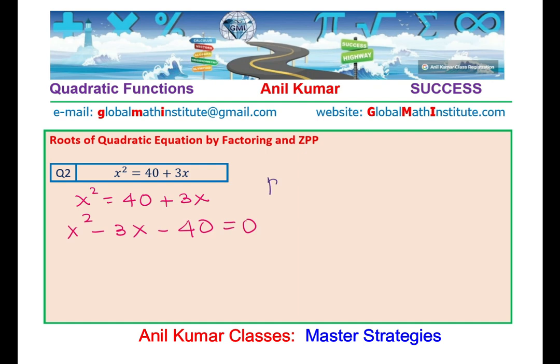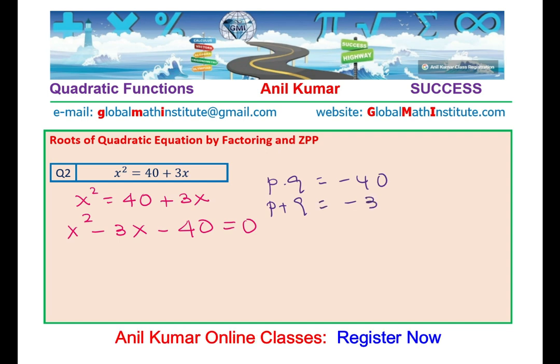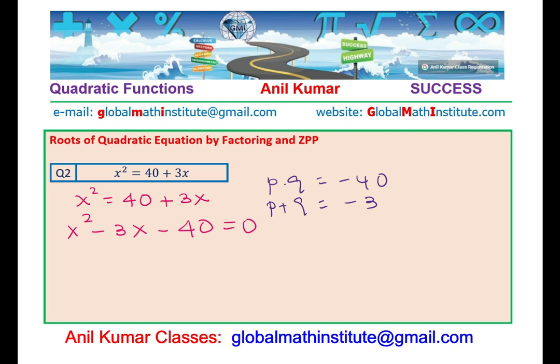So we are again looking for two numbers whose product is minus 40 and whose sum is minus 3. What could these numbers be? 40 and 3, they are very close by, correct? So 8 times 5 really works. The negative number has to be bigger because when you add, you get a negative number. So minus 8 and 5.